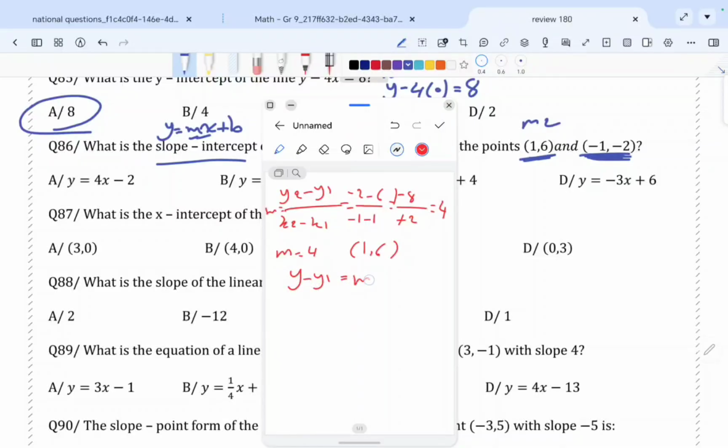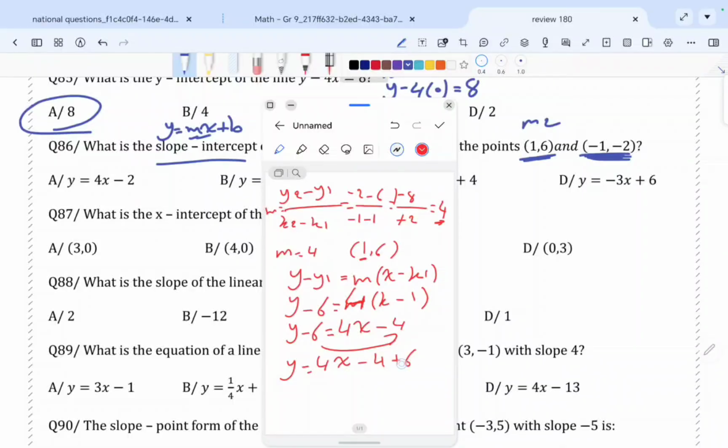Use the rule y minus y1 equals m times x minus x1. Y1 is 6, m is 4, and x1 is 1. So y minus 6 equals 4 times x minus 1, which is 4x minus 4.